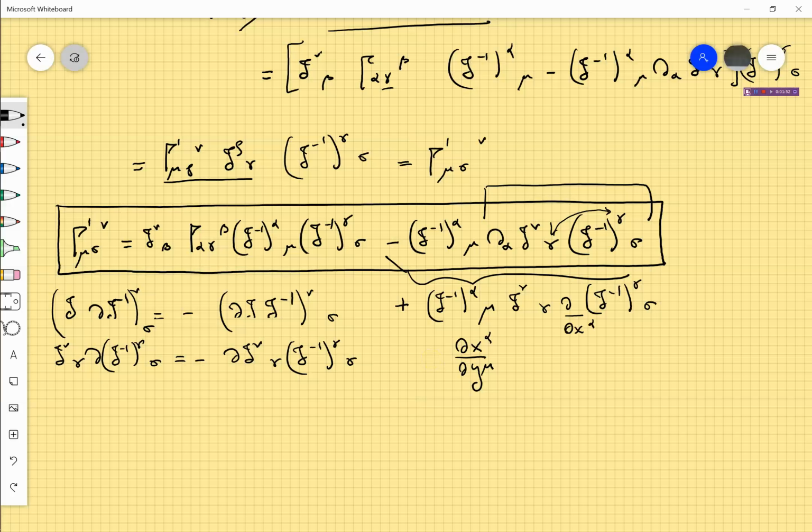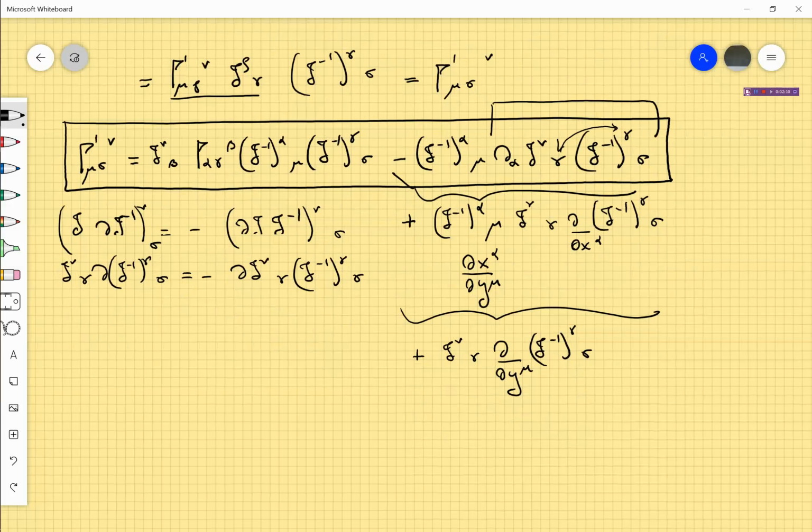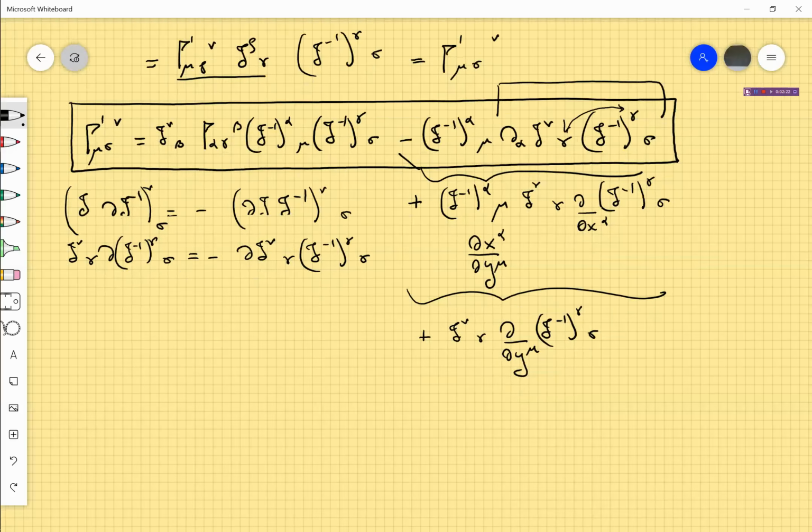So using the chain rule, all this becomes plus j nu gamma partial y mu j minus 1 gamma sigma. This is a particular way of writing it, which I think is easier to remember. At some point, when you study Yang-Mills fields, you will be able to relate to this expression.